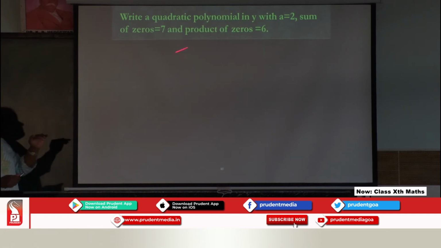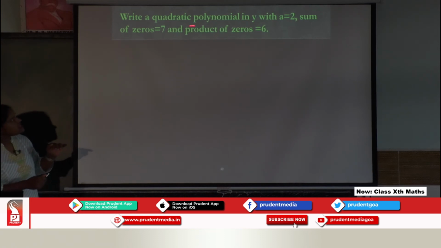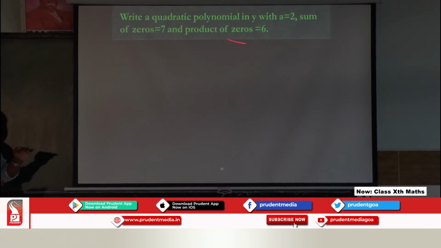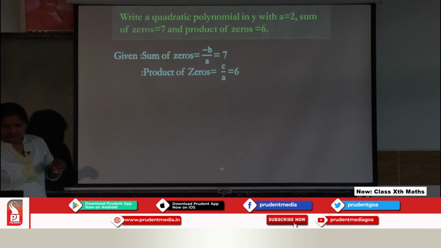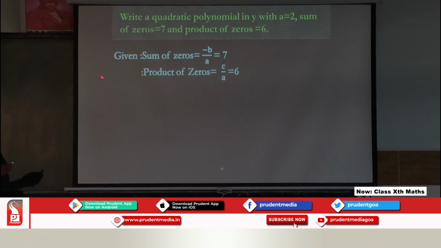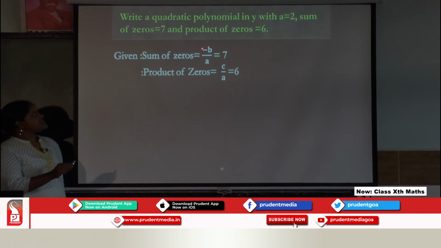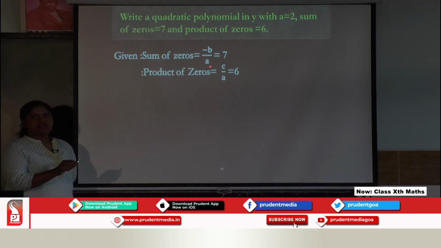So this time sum and product are given. Let us start our problem by using these two pieces of information: sum is 7 and product is 6. What is given? Given is sum of zeros, and we know that sum of zeros is negative b upon a. This is given as 7.